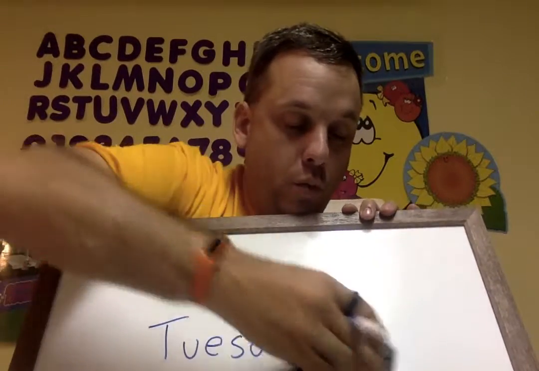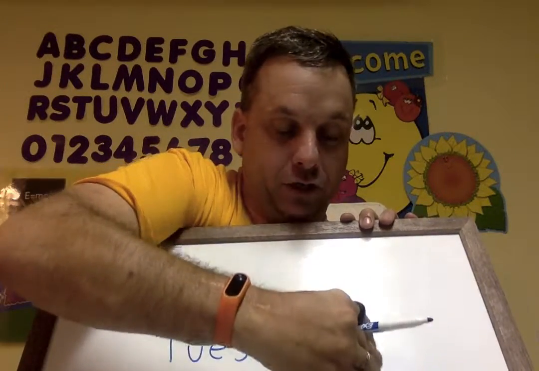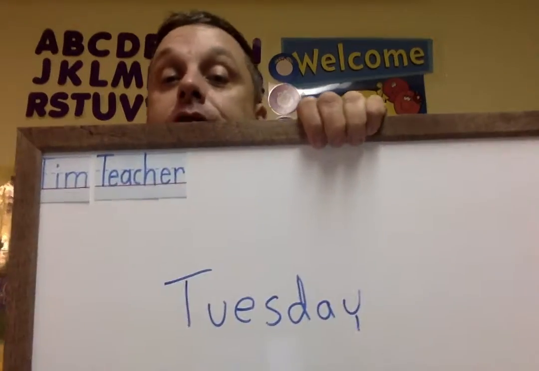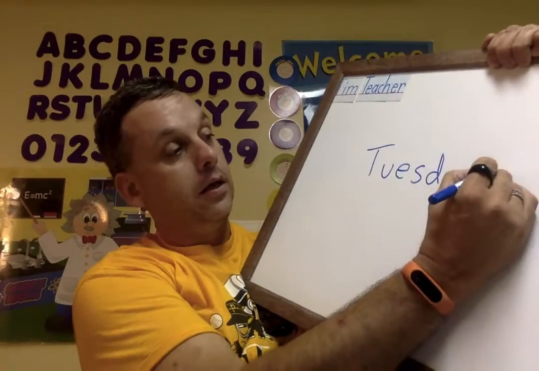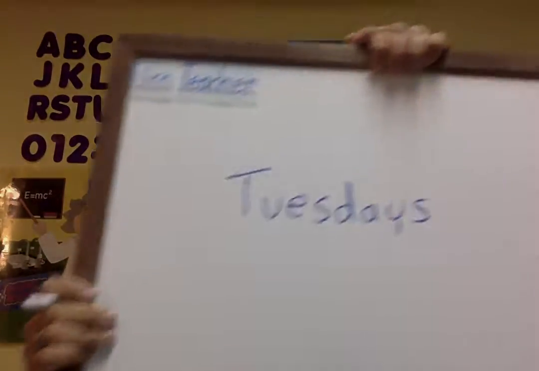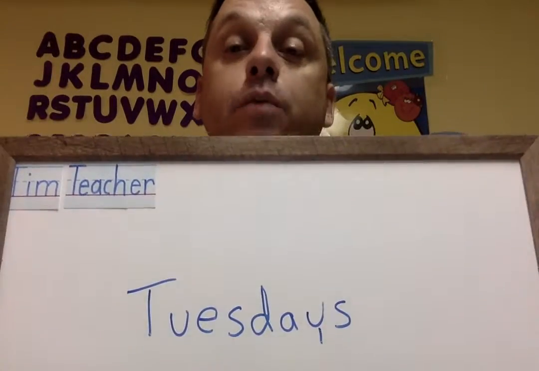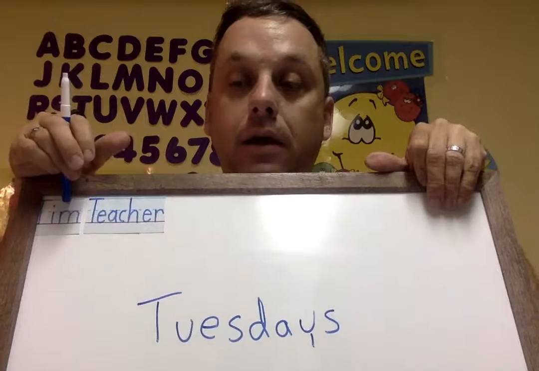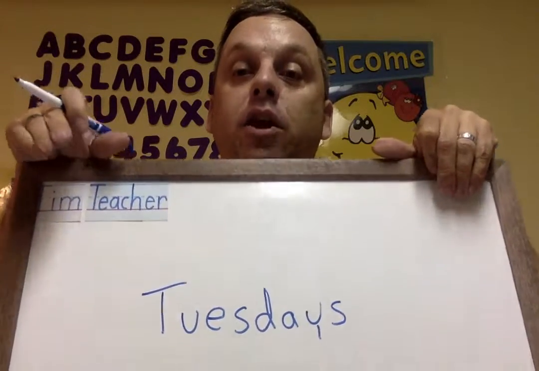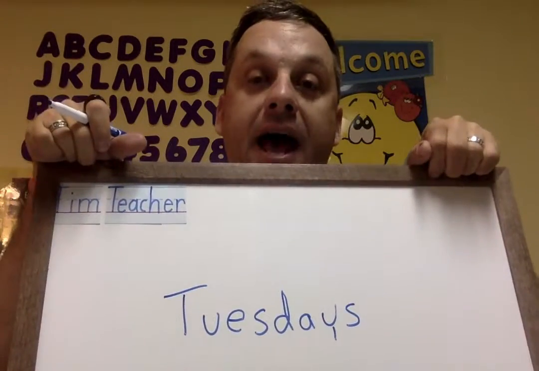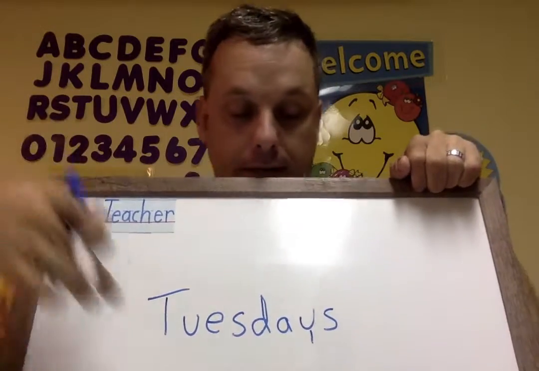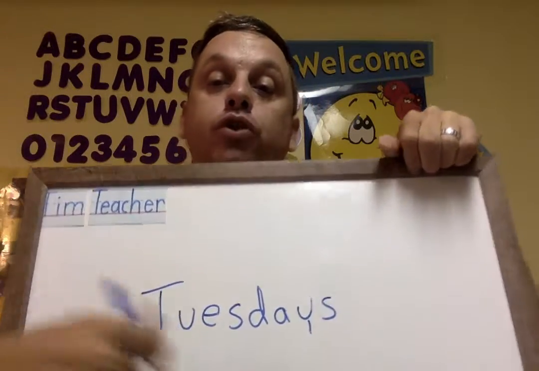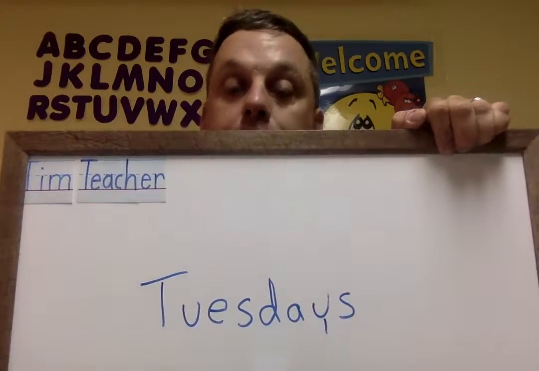So, we need to get rid of the apostrophe. All we need to do for this is add the S. Just like we do with books and cats and TVs, any other regular noun that we can add just an S on. So Tuesdays, every Tuesday from 2 to 4.